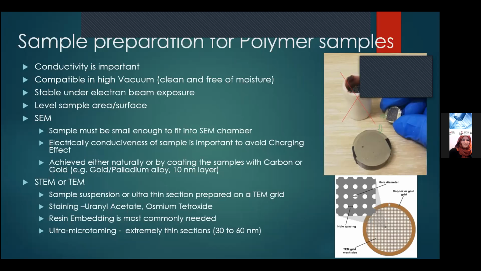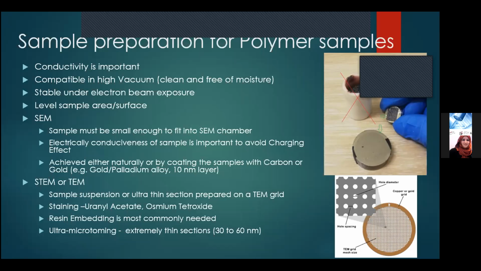So electrical conductiveness is then the most important step after mounting your sample. This is usually done to avoid charging effects. Charging effects are caused by the electrons not being conducted away, and instead they just run over your sample and create this very hazy, blurry effect that's horrible for imaging, and it will waste your time completely.